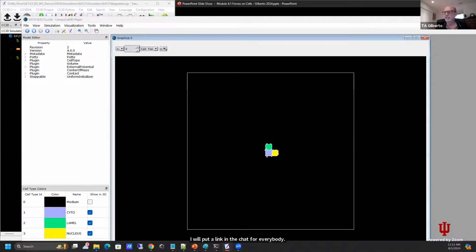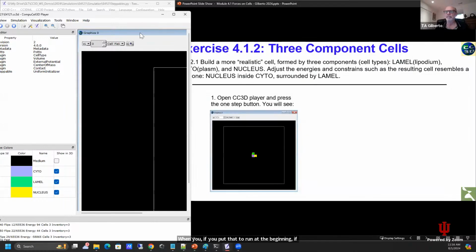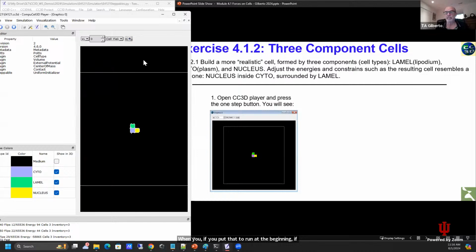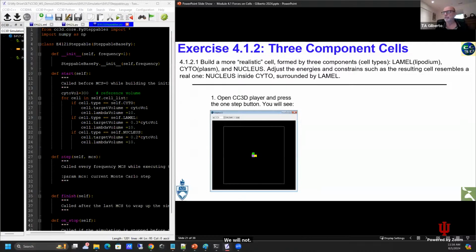So this is what we see at the beginning. Just the 3 cells with the different colors, seed, cyto, lamella, and nucleus. Purple, green, and yellow. If you put that to run at the beginning, if you don't adjust any contact energies, the cells will not achieve what we want.